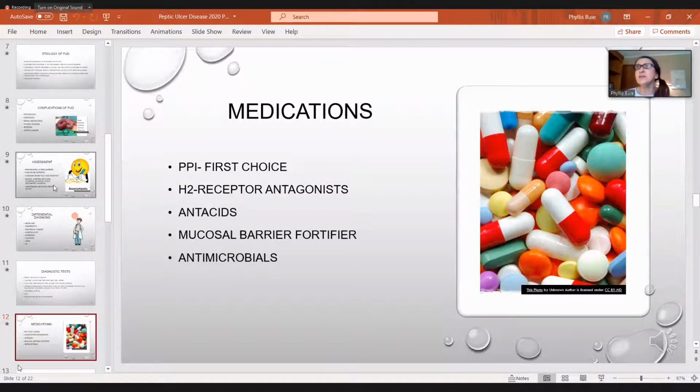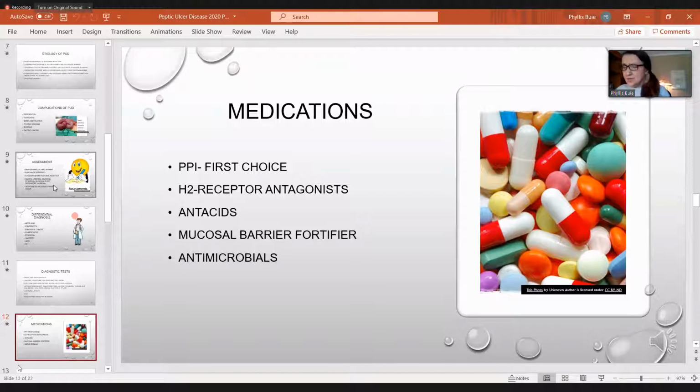Basically, the action of this type of medication reduces the production of acid by blocking the enzymes in the wall of the stomach that produce the extra acid. As we know, acid is necessary for most ulcer formation. So if we can block some of that, that's going to be helpful in preventing some of these problems.